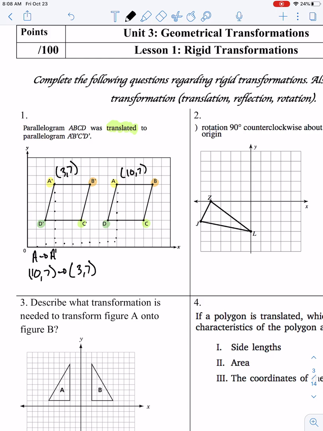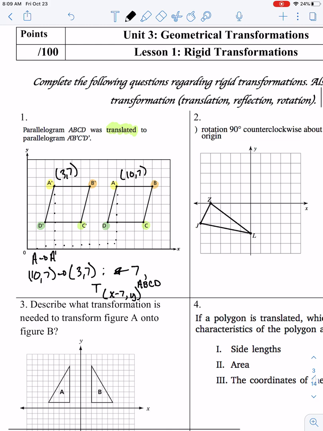So if I go from (10, 7) to (3, 7), I'm just going to go left 7, and then the y value doesn't move, okay? So you could write this as translation, the point x minus 7, and then y of figure ABCD.